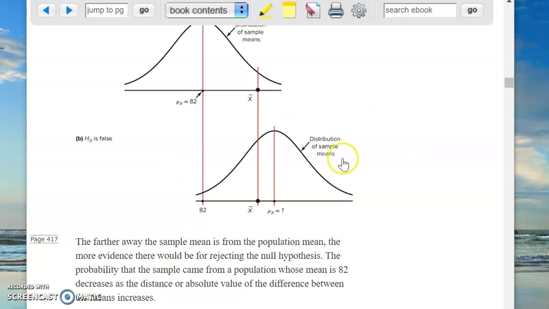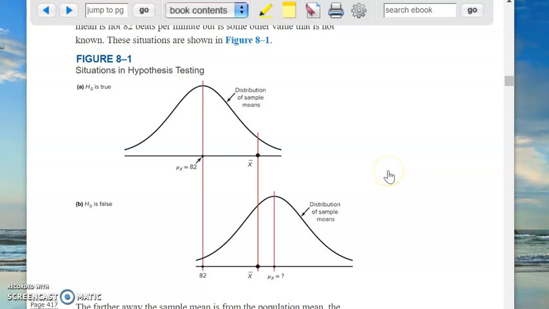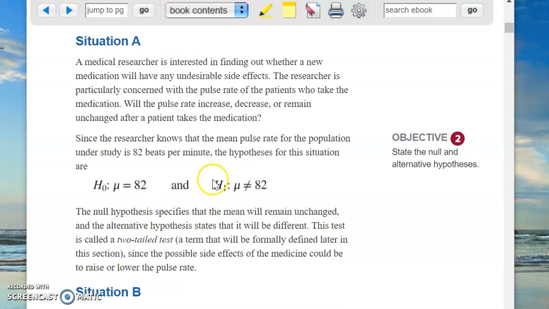So what is this population? This is the population of everybody that takes that medication. This is the population of everybody that eats their Wheaties. Whatever it is that you're experimenting on, that's what the population looks like. It's shifted over. It's a different population. That's why, when we're doing the null hypothesis and the alternative hypothesis, we use the symbol mu. Up here, when we're talking about the medication, we're saying the population mu is 82.